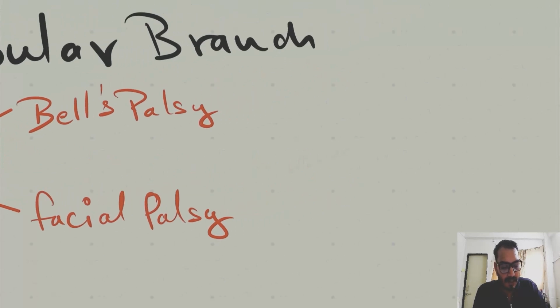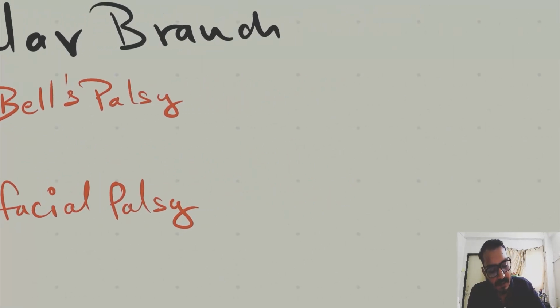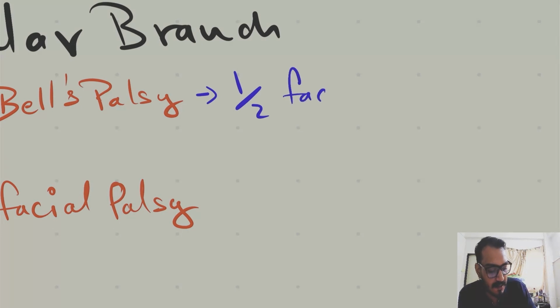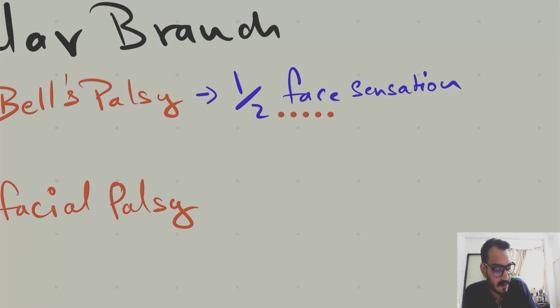How to differentiate this, guys? In Bell's palsy, half of the face sensation, either motor or sensation, will be lost.